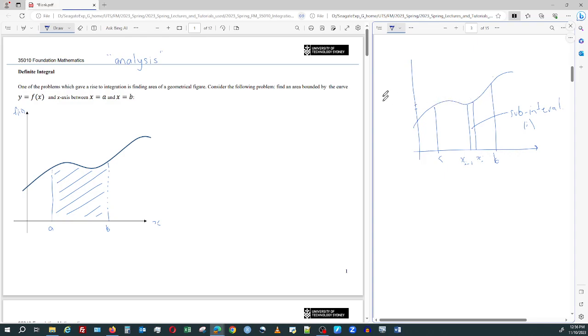We would have function value at xi, and then we would have function value at xi minus 1, the previous one. So that would be that one, and that would be that one. So in doing that this way, we get a sense of a subinterval and a calculation using these two sets of information.